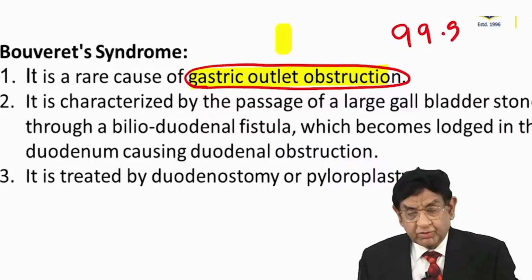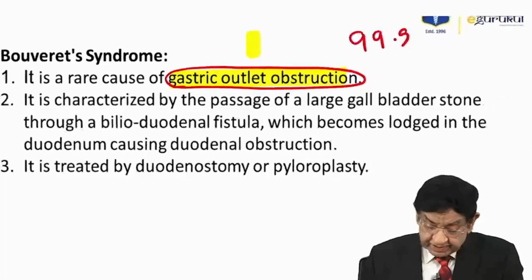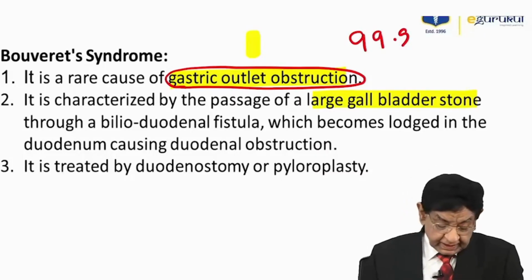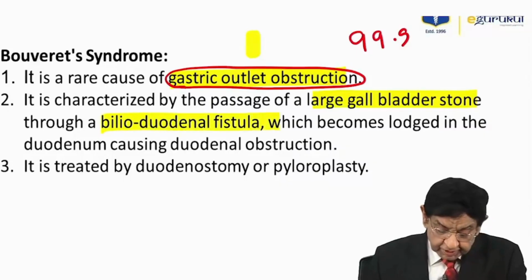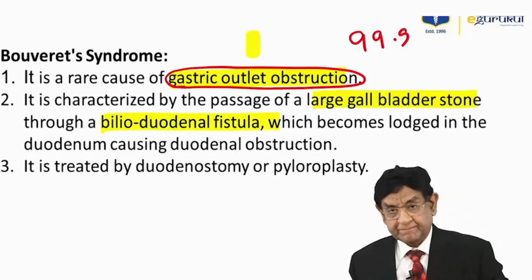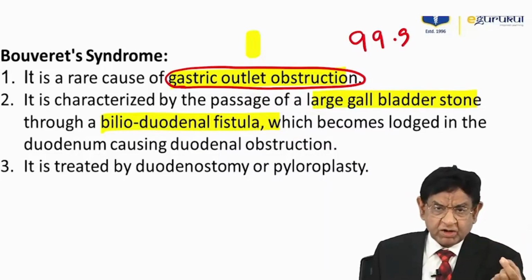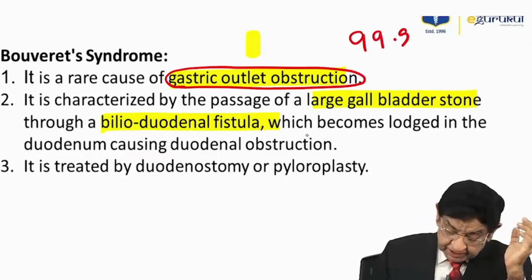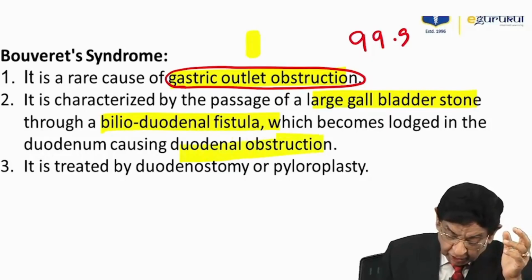What and how? What happened? There is a large gallbladder stone, and it goes through a bilioduodenal fistula. That means a fistula has formed between the gallbladder and the duodenum, and this stone will go into the duodenum and will cause duodenal obstruction.